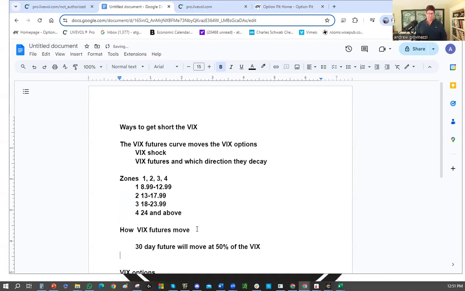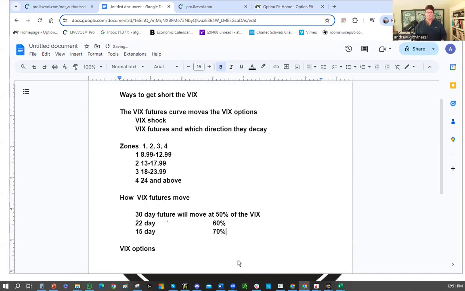So if your future is going to expire in, let's say, 22 days, that'll be more like 60%. Then another 7 days less, about 15 days, and we're up to around 70%.